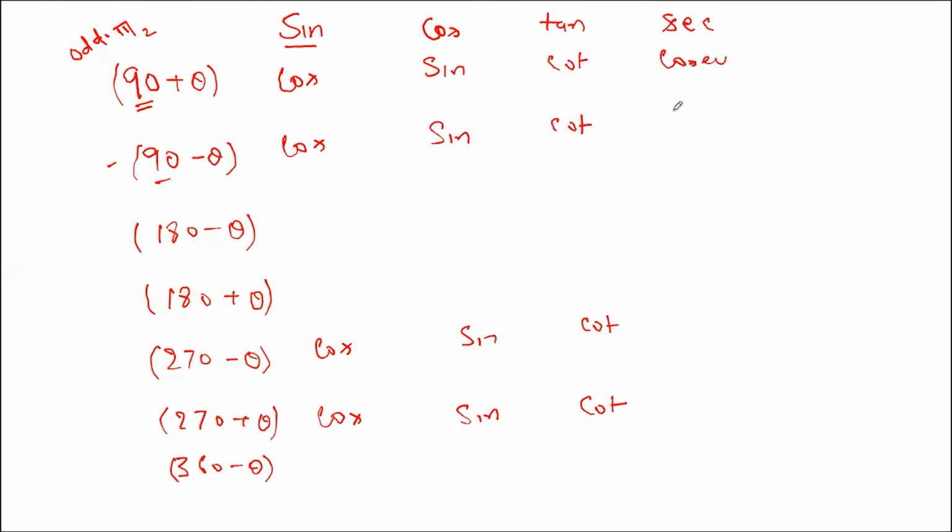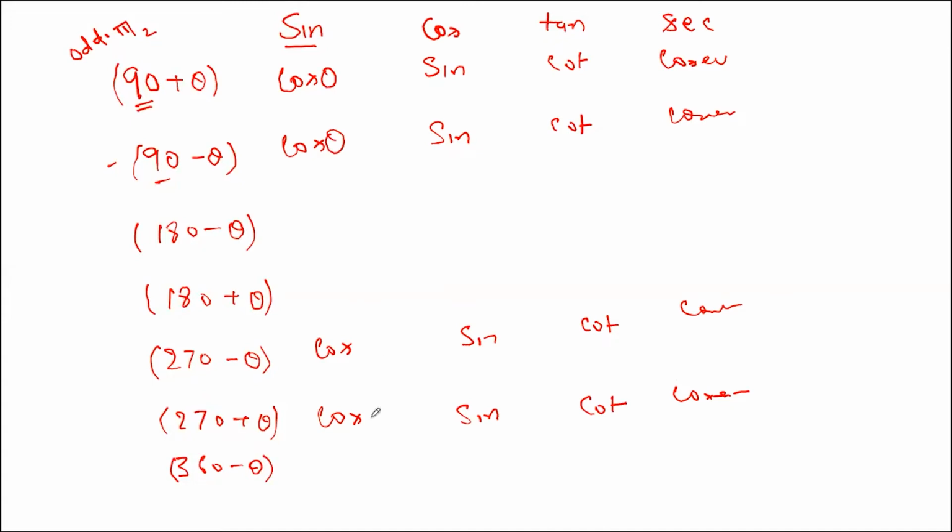So for any 90 plus minus theta or odd multiple of 90 plus minus theta, sine will change to cos, cos will change to sine, tan will change to cot, cot will change to tan, sec will change to cosec, cosec will change to sec.